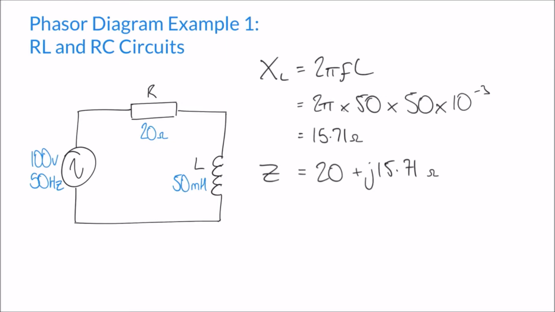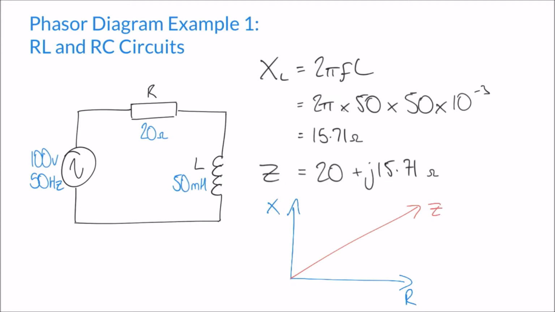In this particular instance, I want to show how it's done manually, as it were, and we do that by representing this with an impedance triangle. The impedance triangle has resistance on the x-axis, as it were, and reactance on the vertical or y-axis, and then the resultant of the two is our impedance Z.